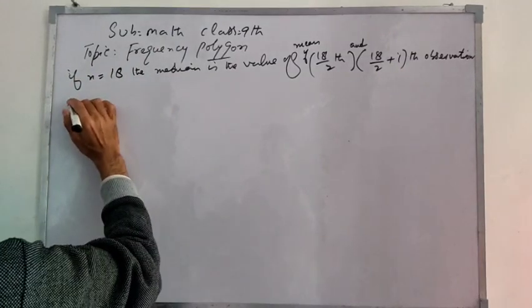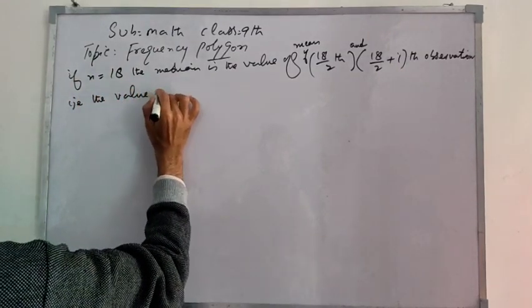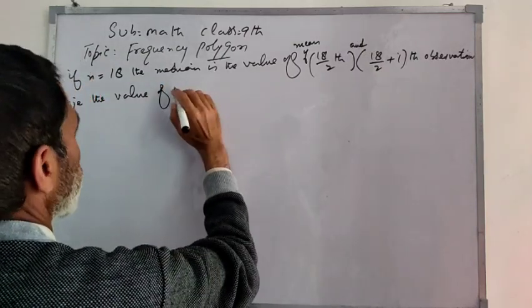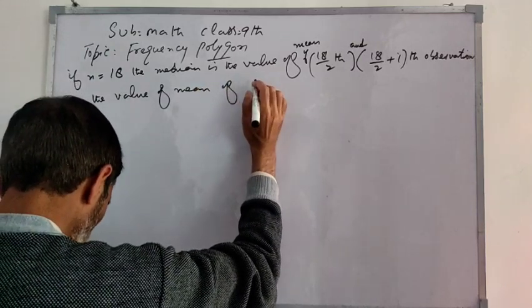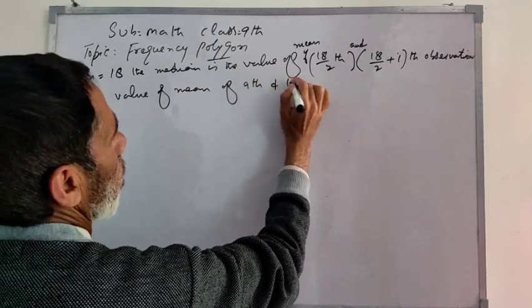That is, the mean of the 9th and 10th observations.